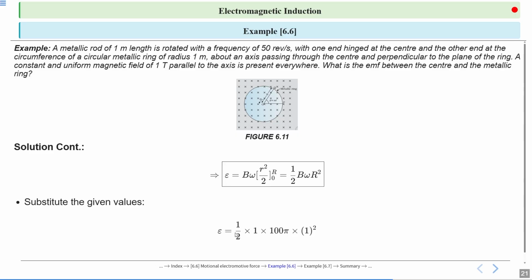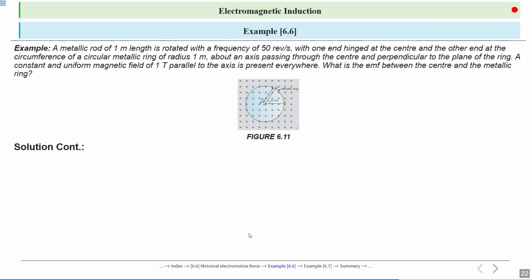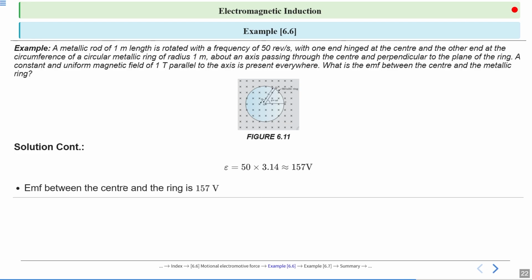Epsilon equal to half into 1 into 100 pi into 1 square. So epsilon will be equal to 50 into 3.14. Putting the value of pi, it will be approximately equal to 157 volt. So the EMF between the center and the ring is 157 volt.